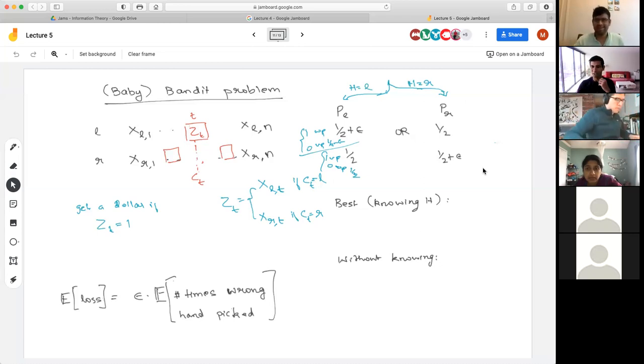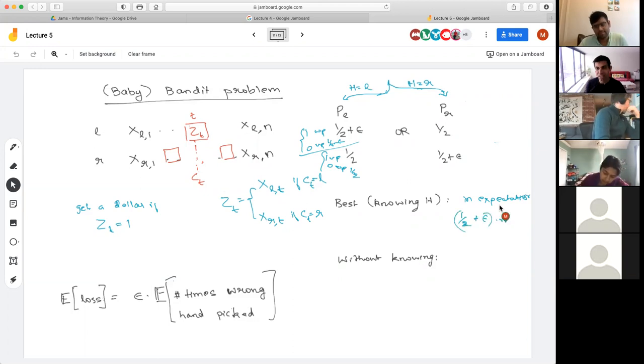Now can you tell me what's the best you can do if you knew which hand has the biased coin? Is it 1/2 plus epsilon times n? Yeah, good. So in expectation, it's a half plus epsilon times n.